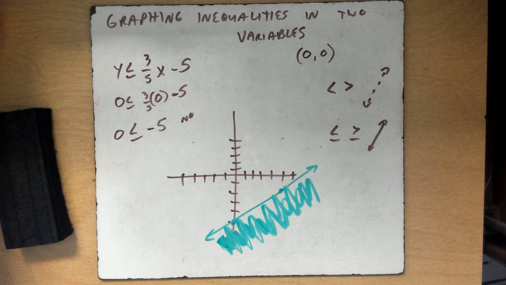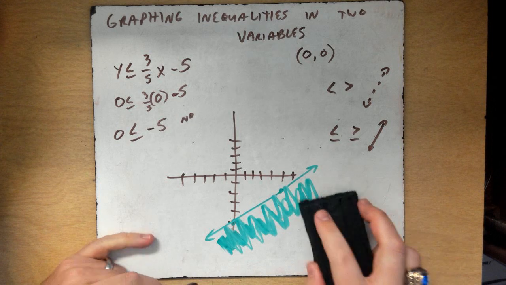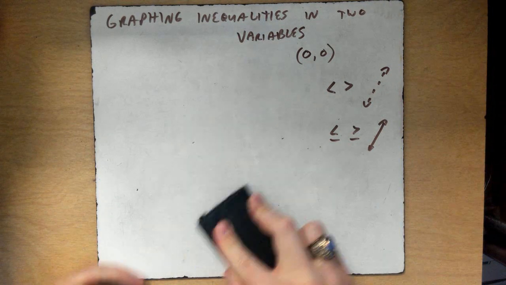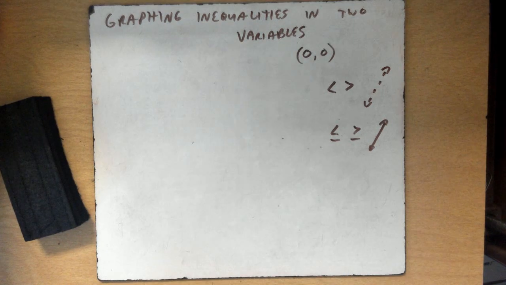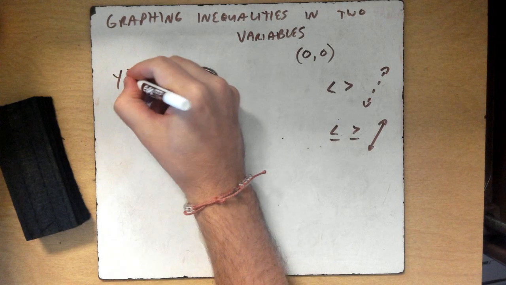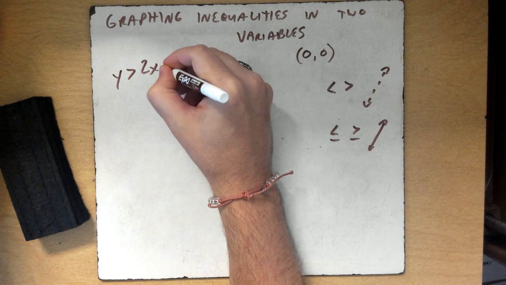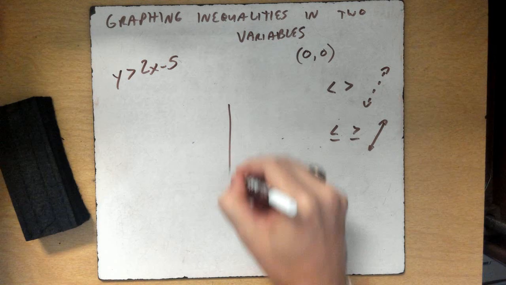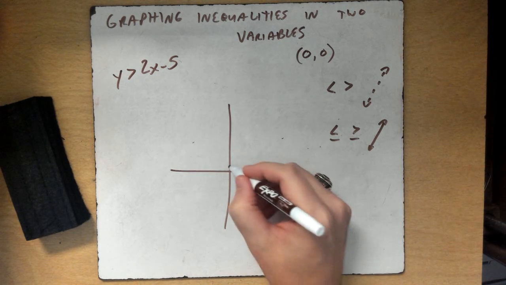Alright, let's do one more. y greater than 2x minus 5. Alright, so there's my graph.